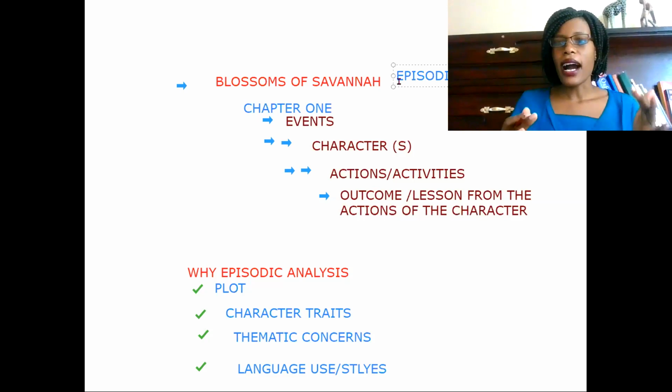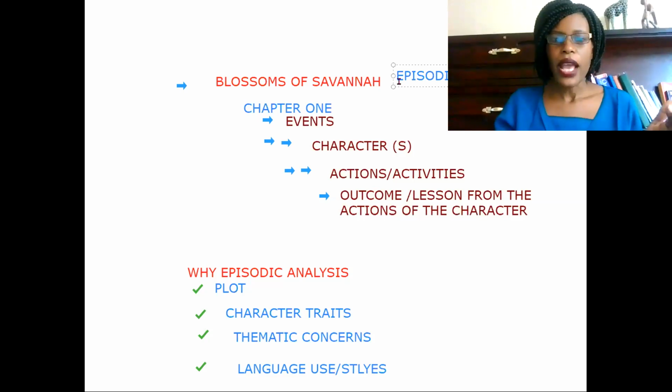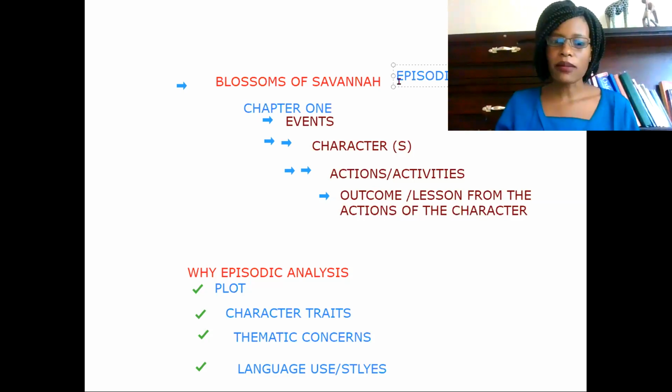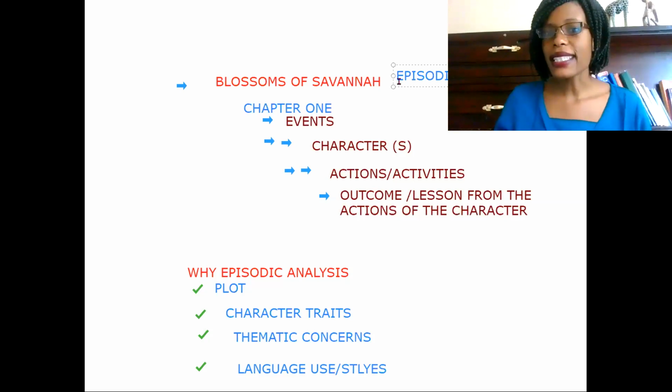And how is that helpful? It benefits us in knowing the plot of the event or the story, the character traits, the thematic concerns, and the language use or styles that the author uses.